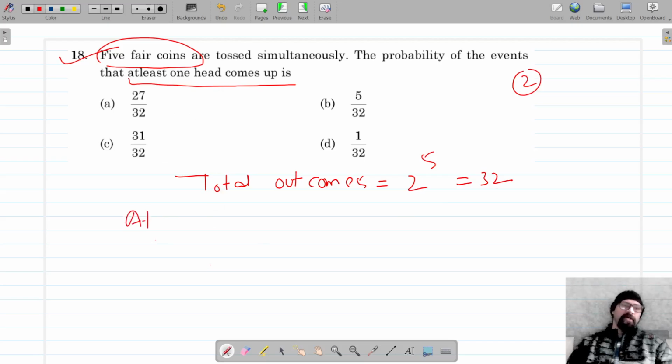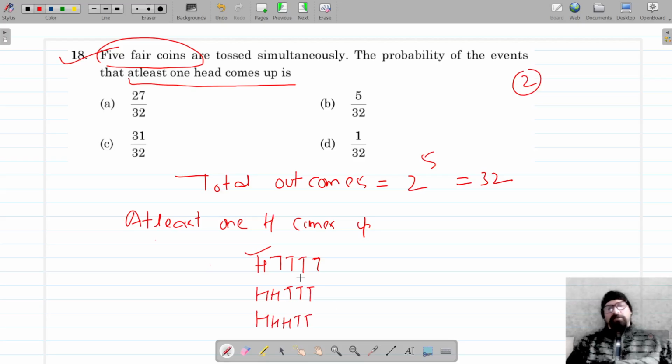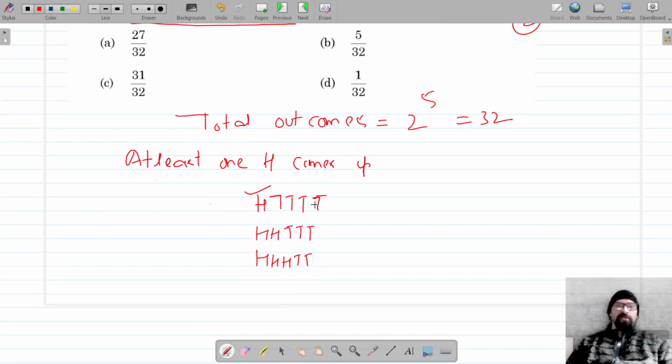Now, what do we mean by at least one head comes up? It means either there is one head or more than one head in that outcome, like H, T, T, T, T. These are the 5 outcomes with one head, and more than one can be H, H, T, T, T, or there can be 3 heads, H, H, H, T, T, or there can be 4 heads and one tail, or there can be all 5 heads.